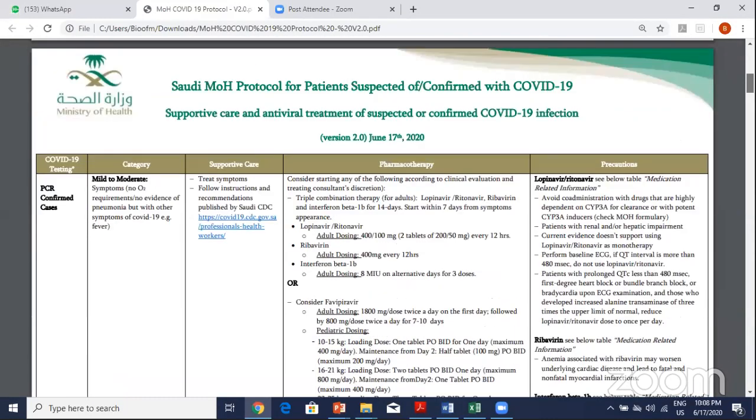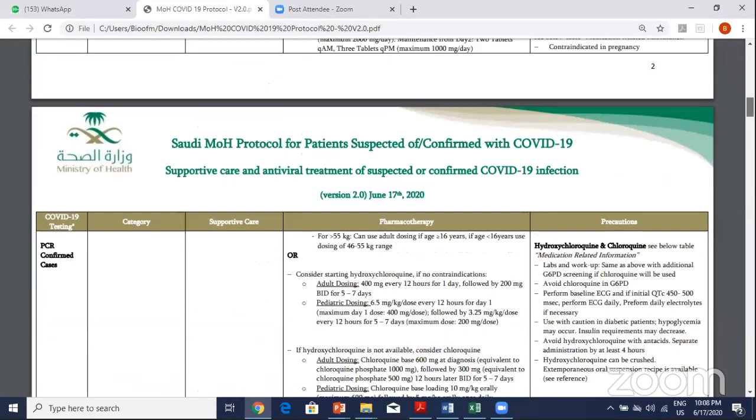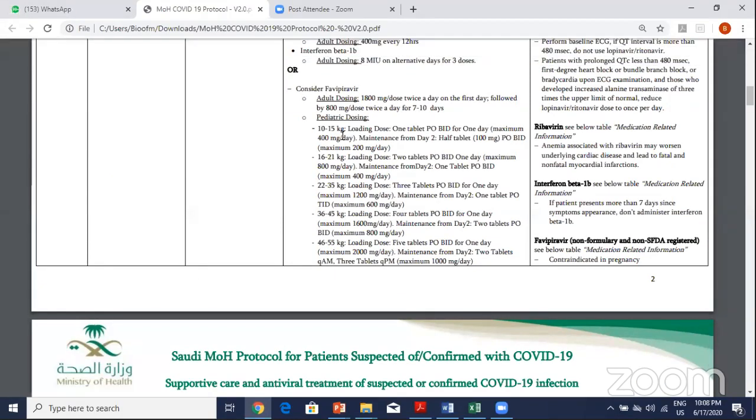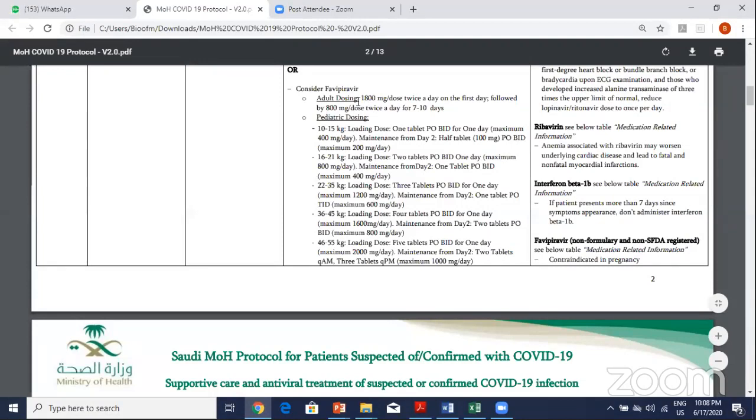So we are using this one. In some cases we are giving favipiravir when there are few days with symptoms, because it was mainly efficient with those with oxygen saturation more than 93%.